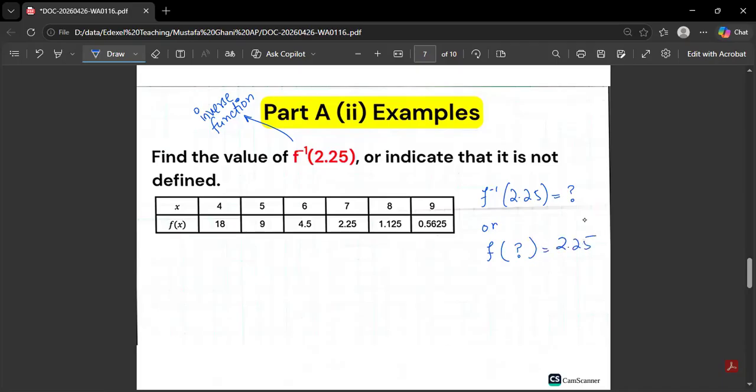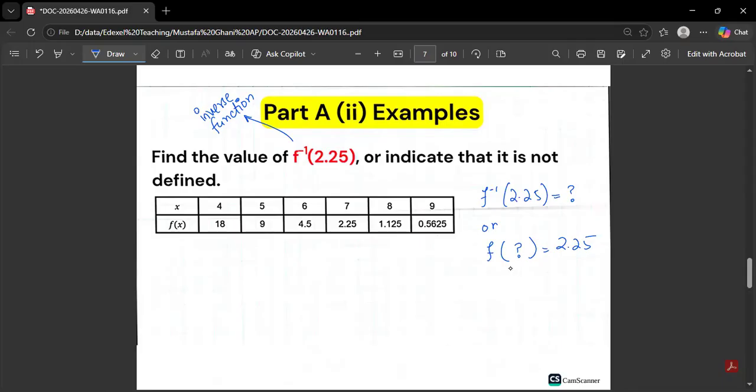Is this clear? Yes, sir. So that has the same meaning: what should be the input to the function to get 2.25, okay?